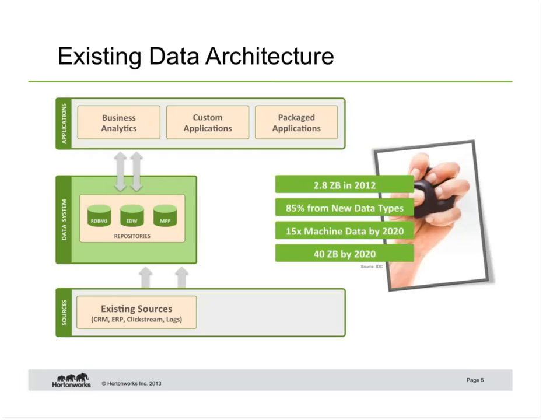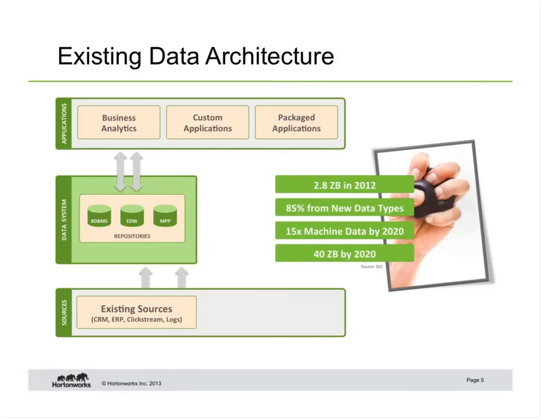First is a very simple diagram, but this is an architecture that most, if not all, organizations have today. Starting at the bottom, they collect existing, traditionally structured data sources coming from ERP systems, CRM systems, perhaps clickstream, even log file data in some form, and load that into one of their relational systems: a relational database, EDW, possibly an MPP scale-out system, to store and process that data.